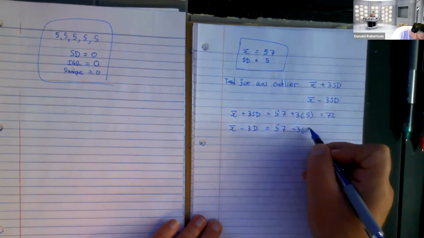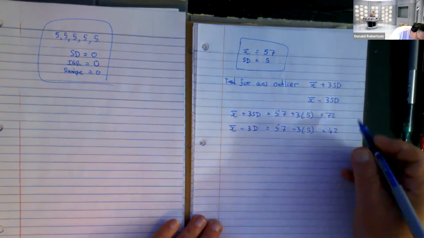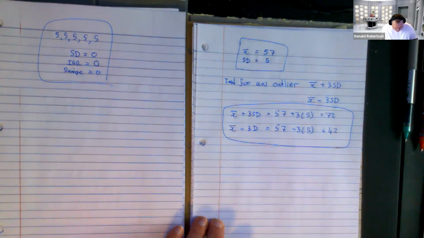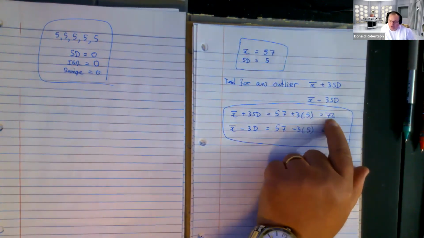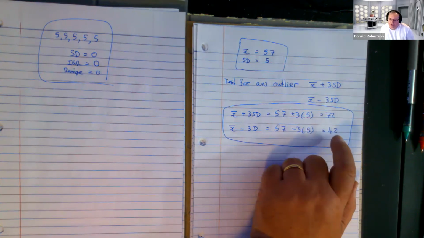Take away that amount, 15, that leaves me with 42. So the test for an outlier is, if you're bigger than 72, you are an outlier. Or if you get a score less than 42, you're an outlier.